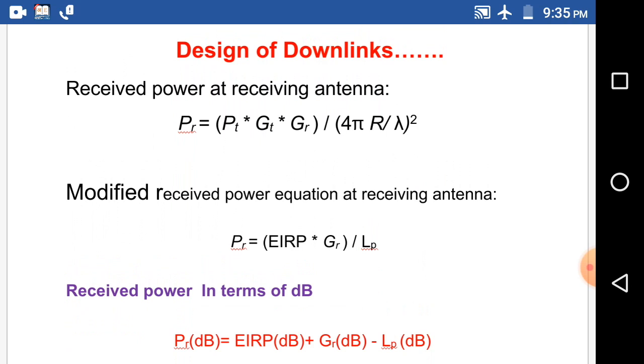Here, path loss is nothing but (4 pi R divided by lambda) squared. R is the distance between the satellite and earth station, and lambda is the wavelength according to the operating frequency.